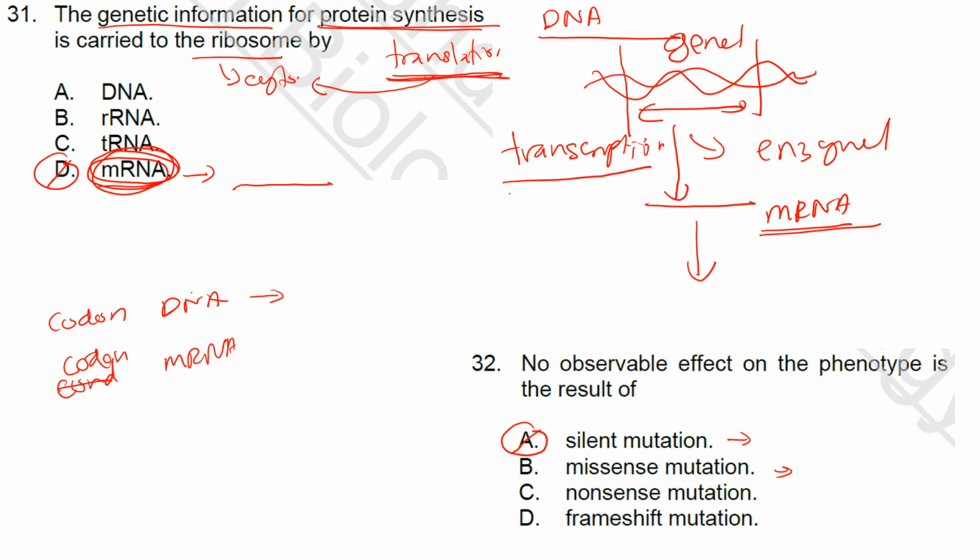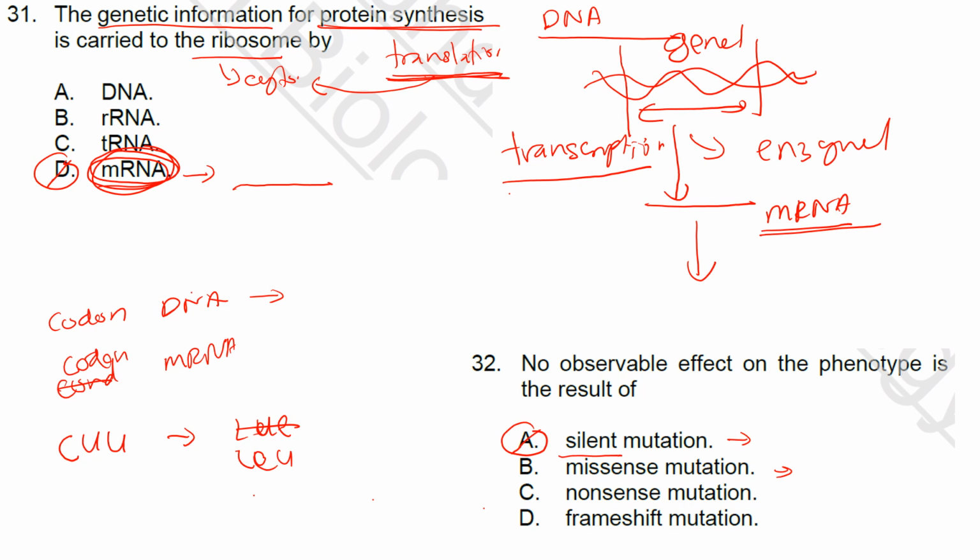For example, for silent mutation, you have a codon which reads CUU. CUU codes for the amino acid leucine, L-E-U.